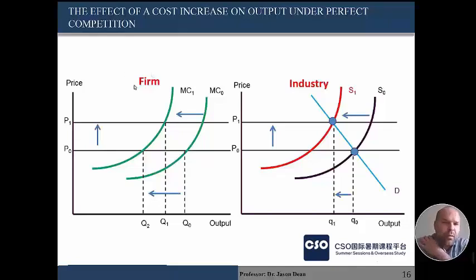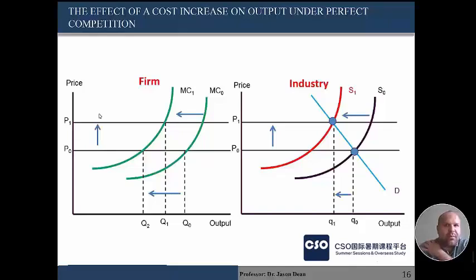A firm wants to pick the quantity that maximizes their profit. And if you remember from before, the firm is going to want to increase output as long as marginal revenue, in this case the price, is greater than the marginal cost.